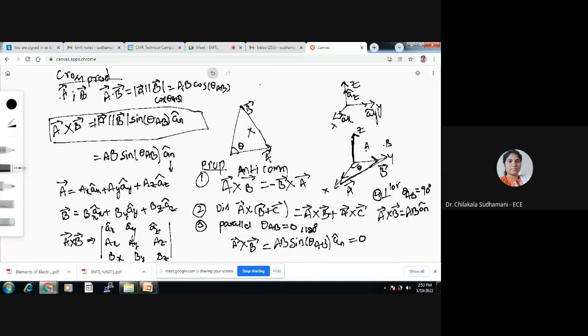So what I want is, unit vectors I am writing. AX cap cross product of AX cap. What is it?